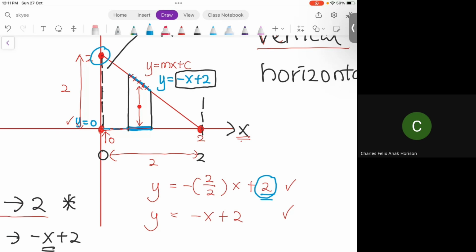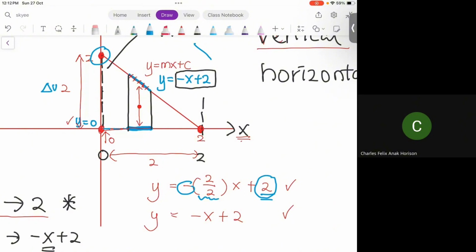The line is going downward, so the m will be a negative value. The value for the m, you take the dy divided by the dx. No, I don't use dx, I use del y and del x.